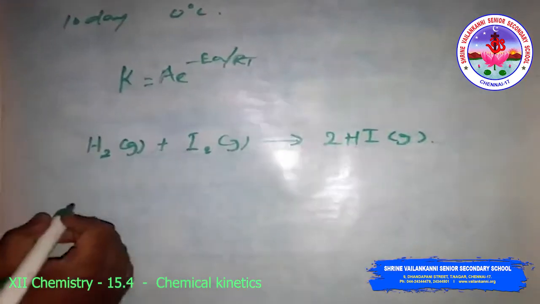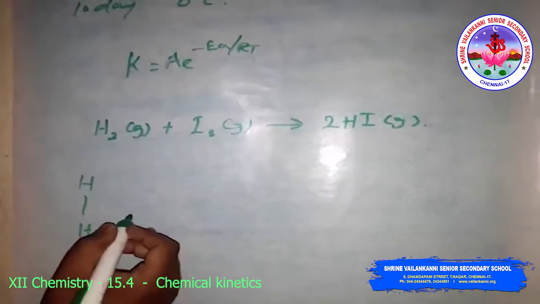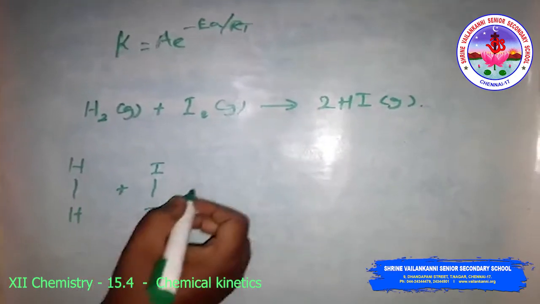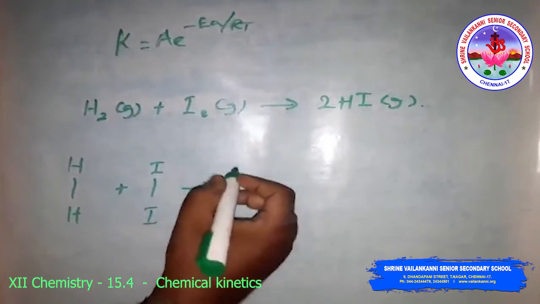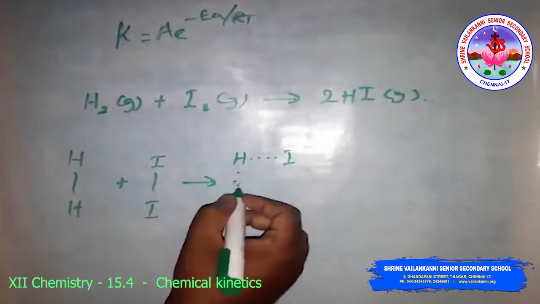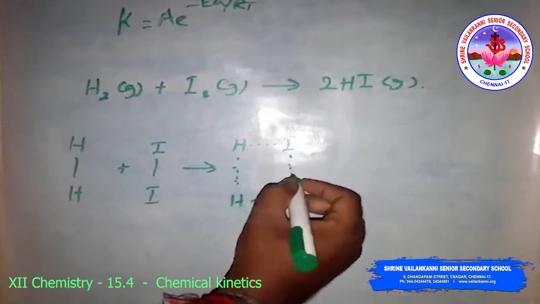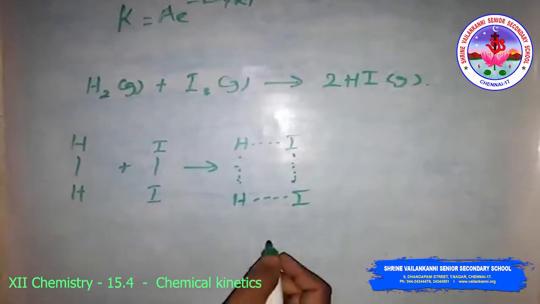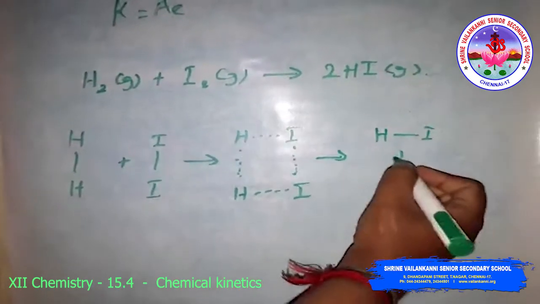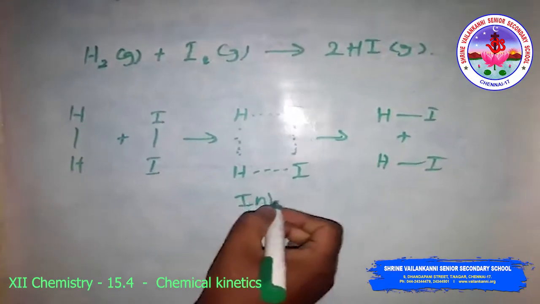In this reaction, the hydrogen molecule reacts with iodine to form an intermediate, H2I2, and then this intermediate step forms 2 moles of hydrogen iodide.